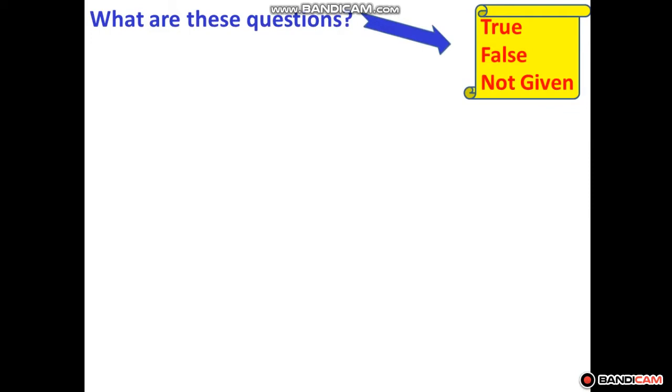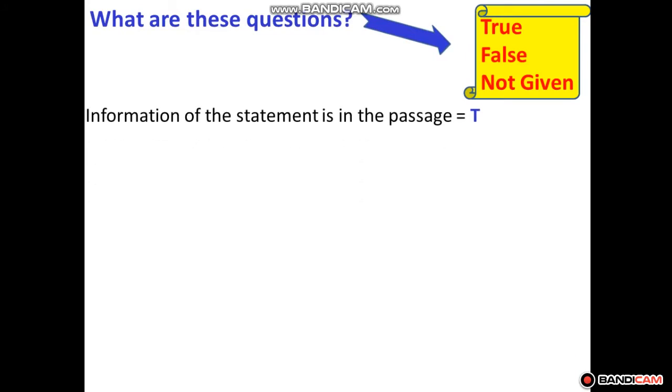So what are these questions known as true, false, not given questions? Well, if the information of the statement is in the passage, that is considered as true. You need to understand what this type of question means in fact.